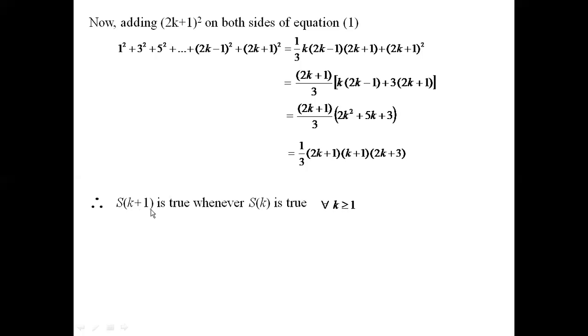So this proves the induction step. Thus, by mathematical induction, S of n is true for all n greater than or equal to 1. So both basic step and the induction step together prove the required resultant for mathematical induction.